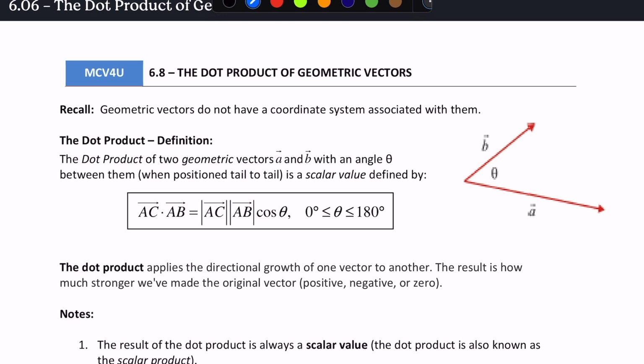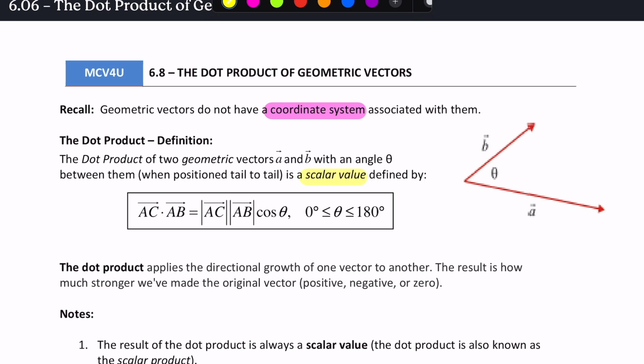Recall that geometric vectors do not have a coordinate system associated with them. So when we look at the dot product definition, a dot product of two geometric vectors, vector A and vector B, with an angle theta between them when positioned tail to tail, is a scalar value.